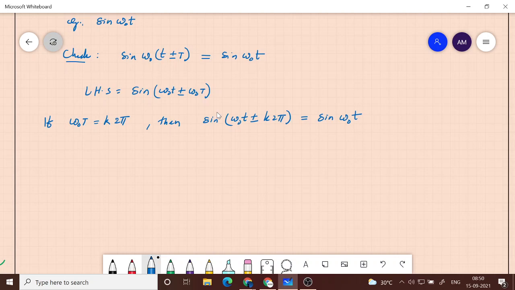So under a certain condition we can say that this signal is periodic.